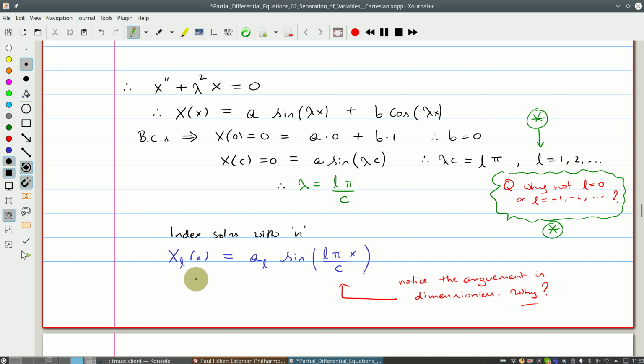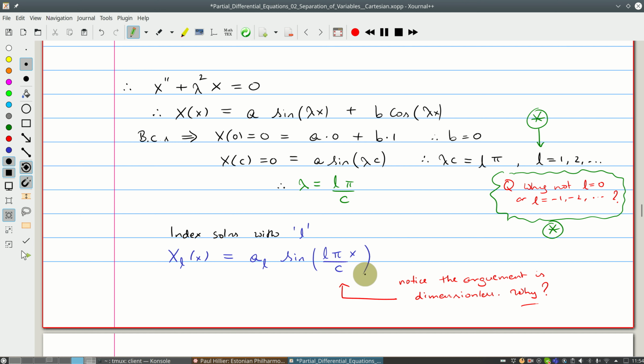So our solutions then are indexed with L, not N, and they are of the form x subscript L of x is equal to a subscript L, an unknown constant at this stage, times the sine of L pi x over c.